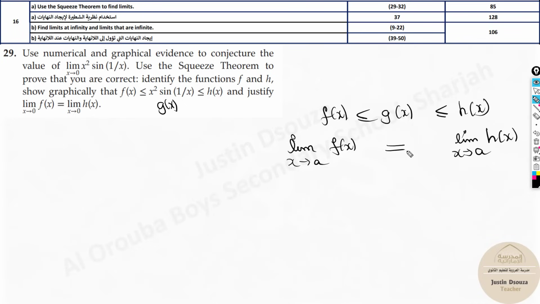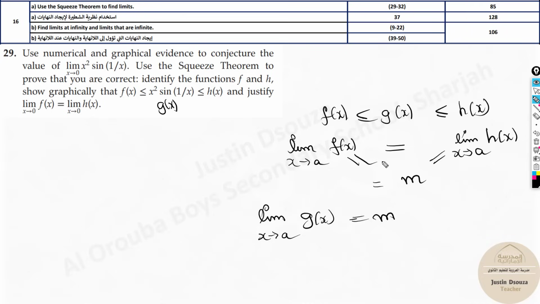If these two are equal to, say, m, then g of x, when we take the limit as x tends to a, must be equal to the same value m, because the lower and the higher functions both equal m, so the middle must also equal that value.